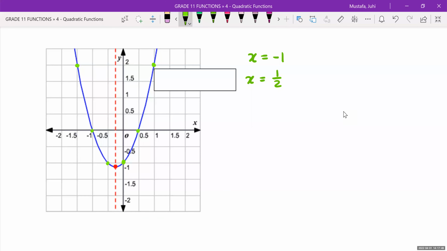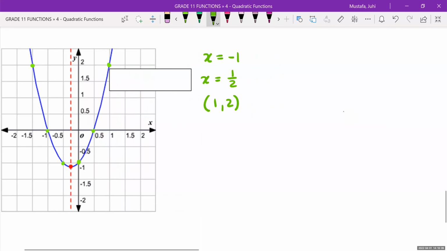Feel free to use any of those, whatever your preference is. Some of you might want to use (0, -1). I prefer when my numbers are all positive, so I'm going to do this question using (1, 2). But really, if you use any of the four points that I've highlighted, because they're really obvious to see, you would get the exact same answer.